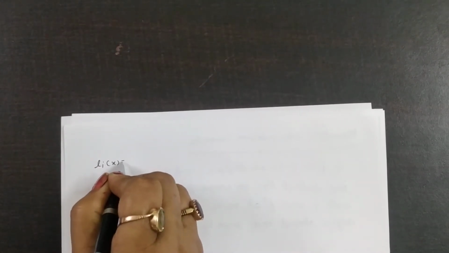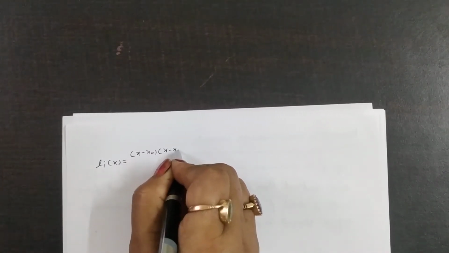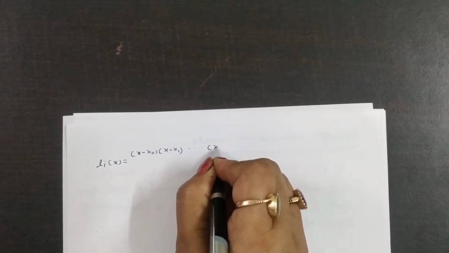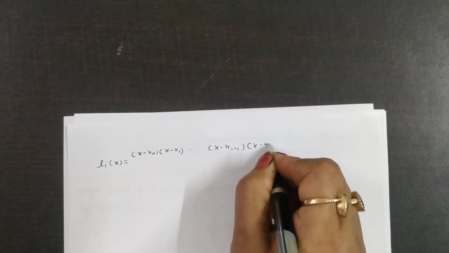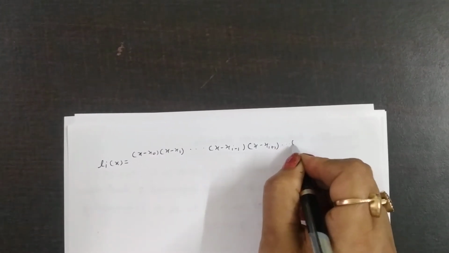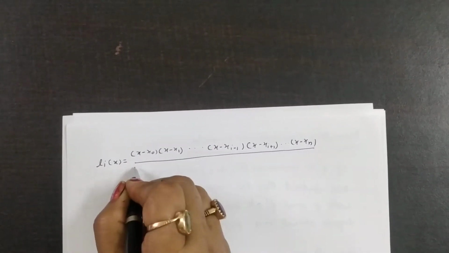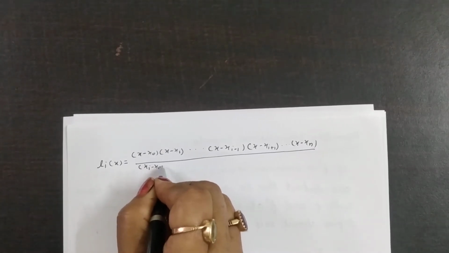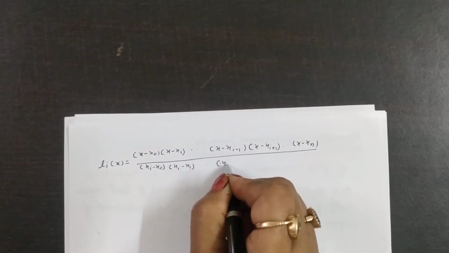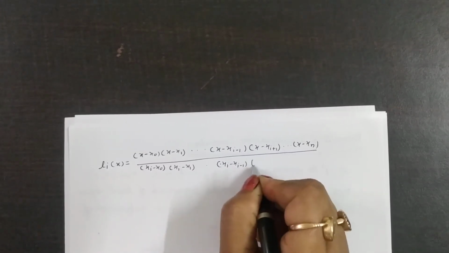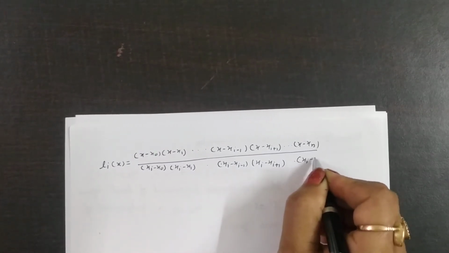Li(x), you know, is x minus x0, x minus x1, up to x minus x(i minus 1), x minus x(i plus 1), up to x minus xn, and the denominator is xi minus x0, xi minus x1, up to xi minus x(i minus 1), xi minus x(i plus 1), up to xi minus xn.